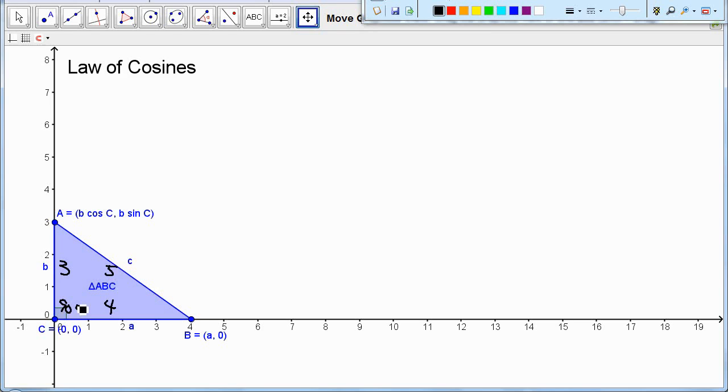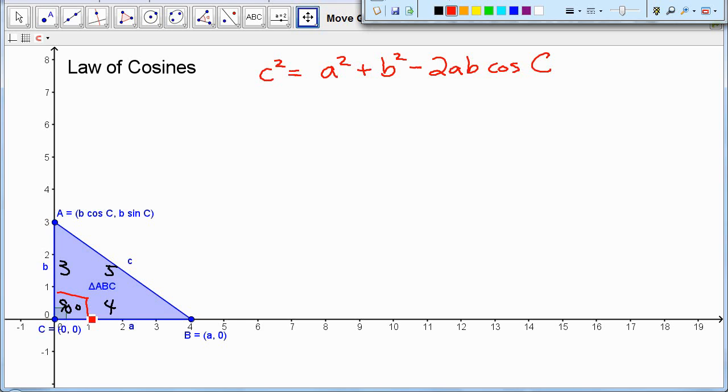To best demonstrate that, let's write out the law of cosines: c squared equals a squared plus b squared minus 2ab cosine of C.